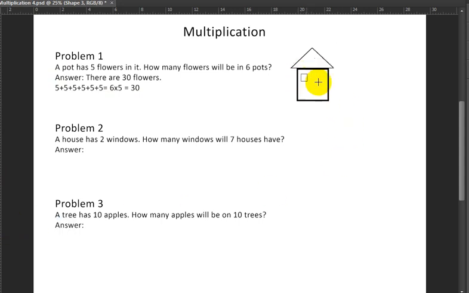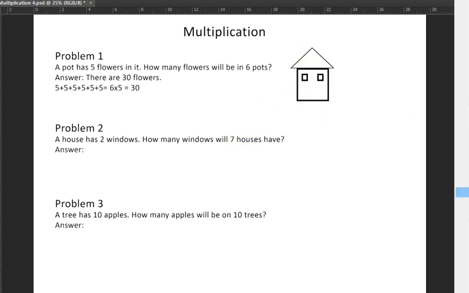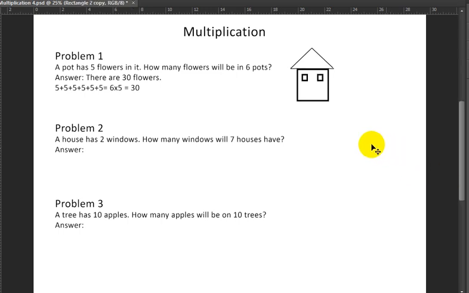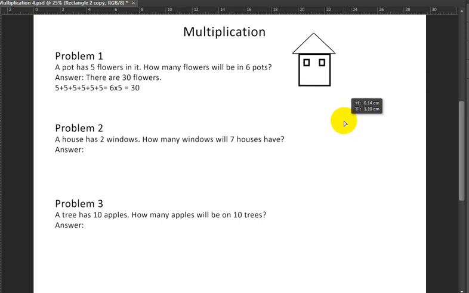So 1, 2. Doesn't look right. There we go. Okay, so then it asks how many windows will 7 houses have?